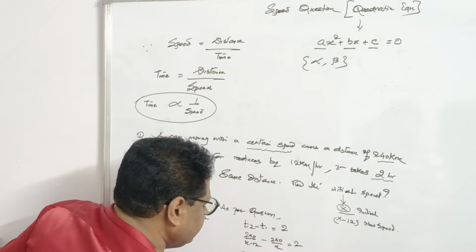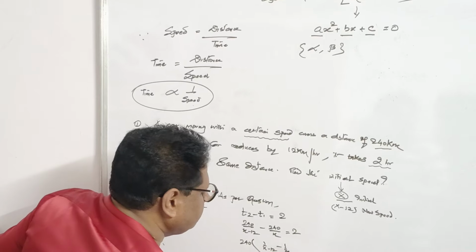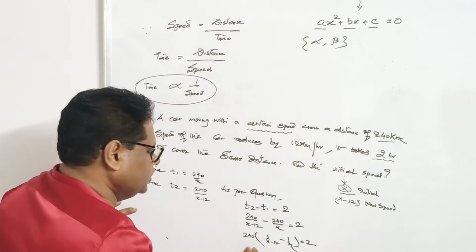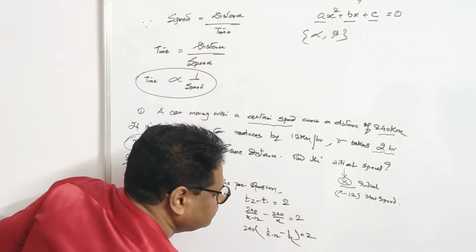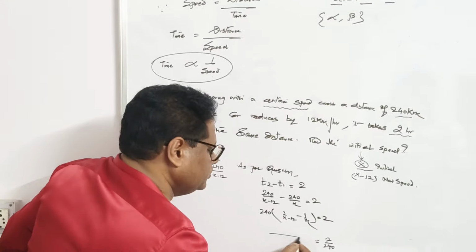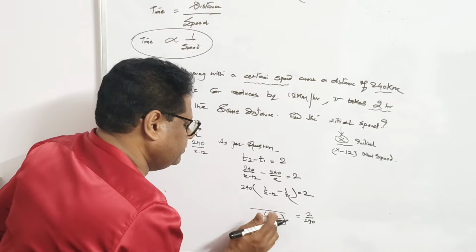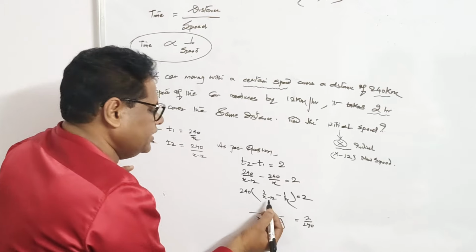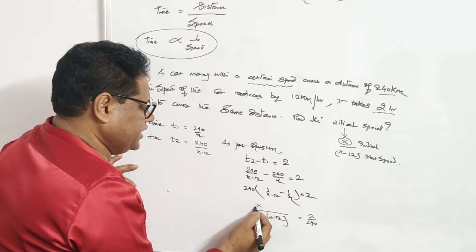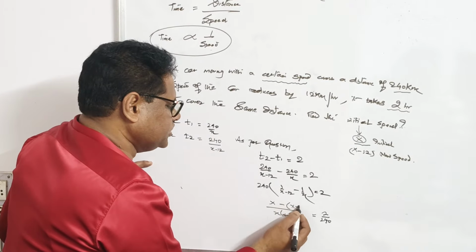You can take 240 common. It is 1 by x minus 12 minus 1 by x equals to 2. You can shift 240 over here. That is 2 by 240 equals to, the LCM of this is x into x minus 12. Okay, and if you divide by this, it comes to x minus, and here we have x minus 12.